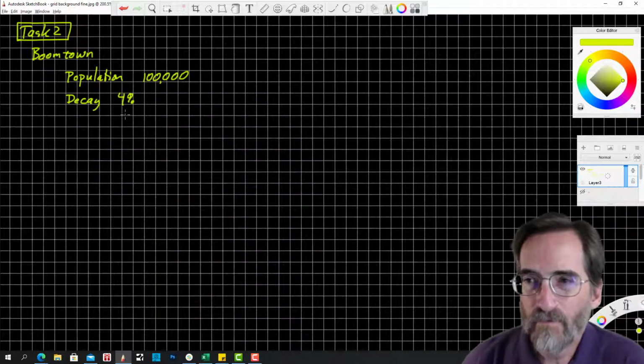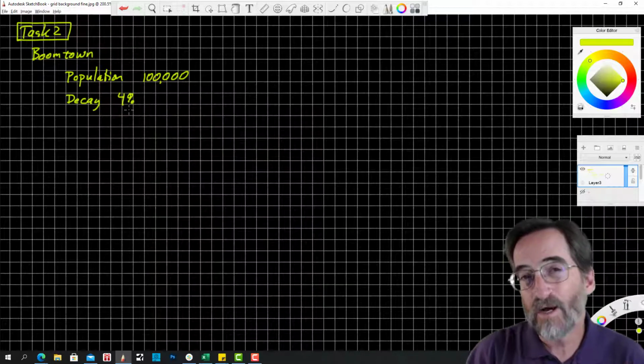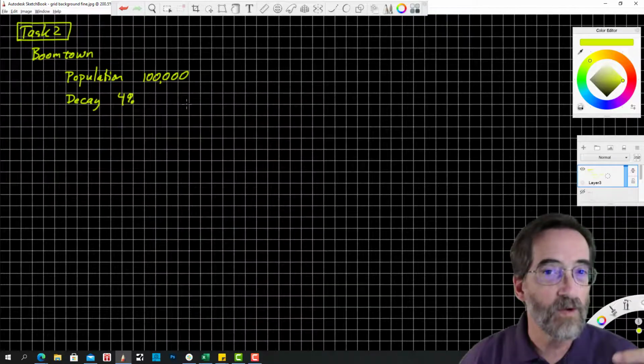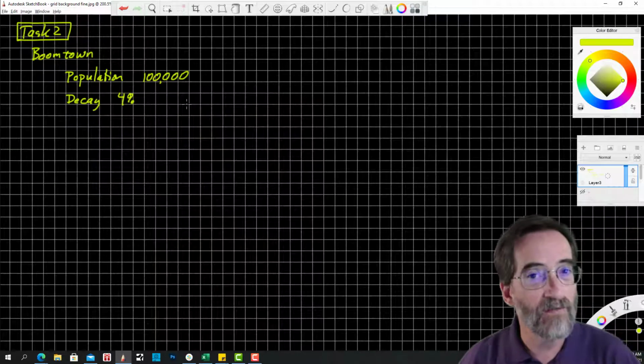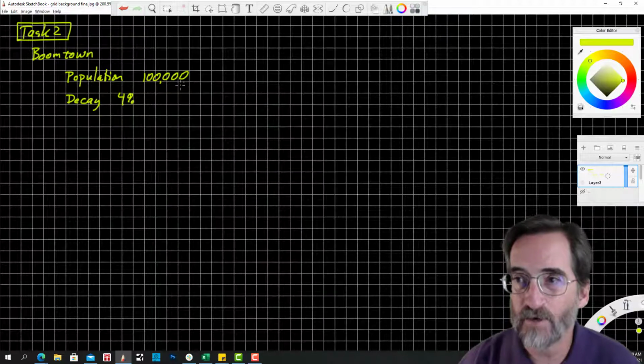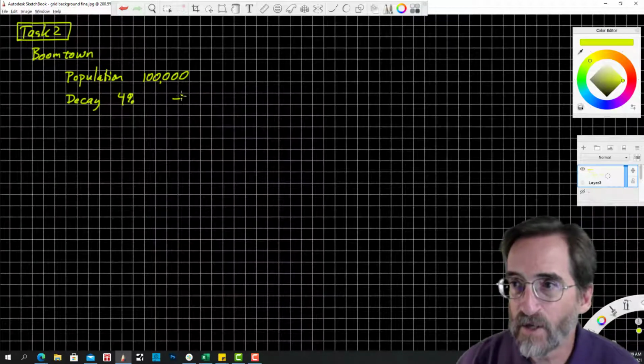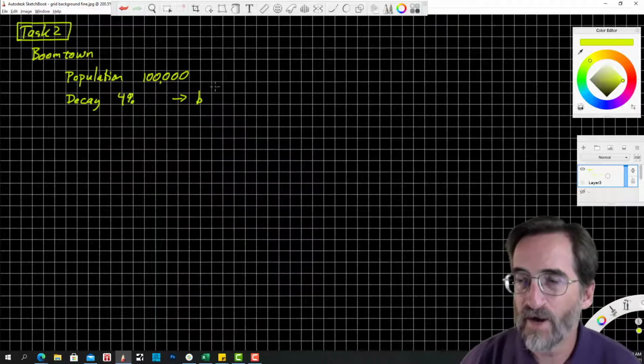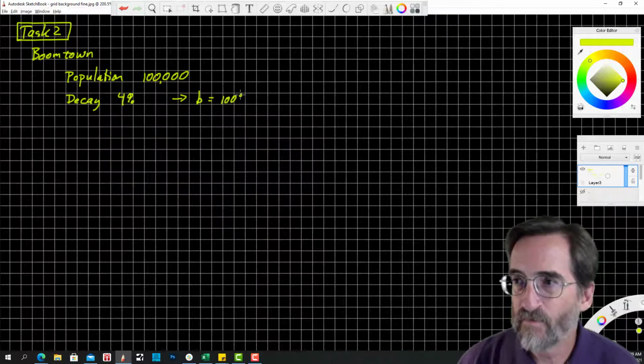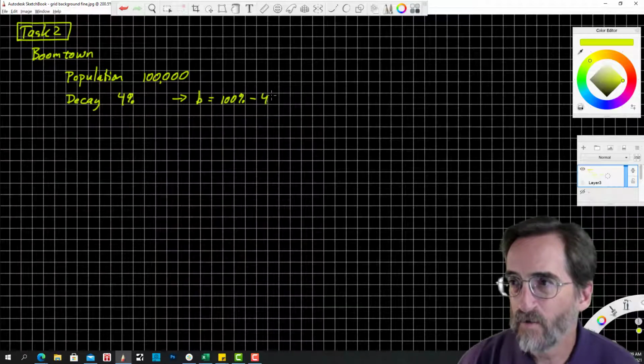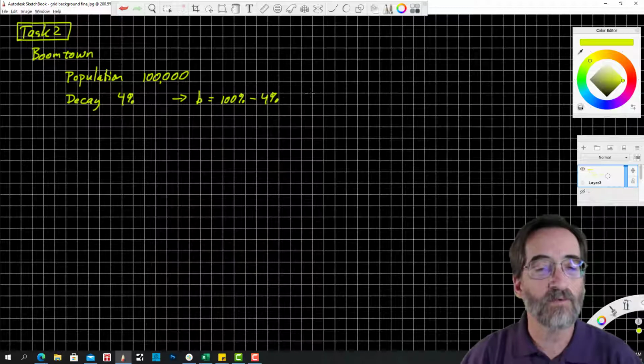Now think about it. That means last year we had 100%. This year now we have 4% less than 100%. So here's how we work out the decay factor, the growth factor or decay factor. B is 100%, take away 4%, because it's decay, we're losing.